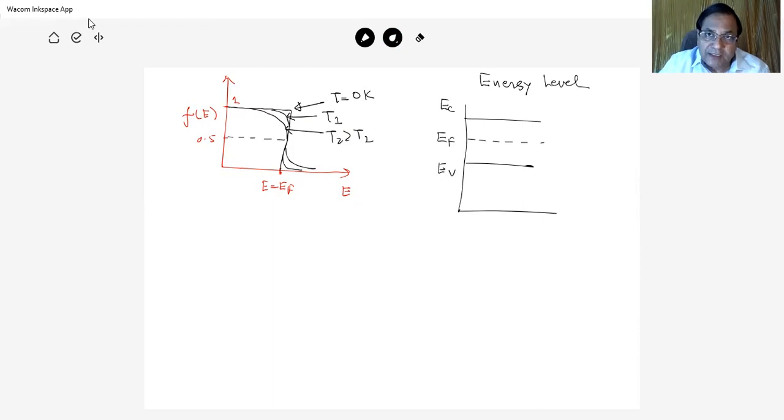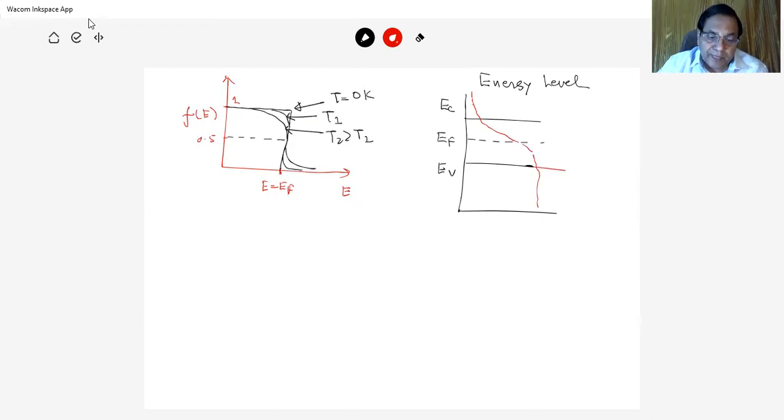So the function is something like this, for electron, and this will be hole.